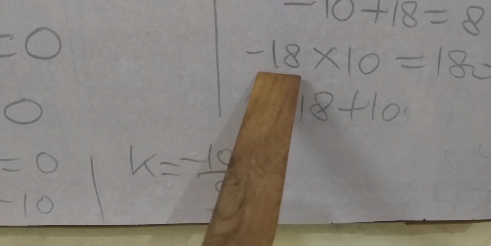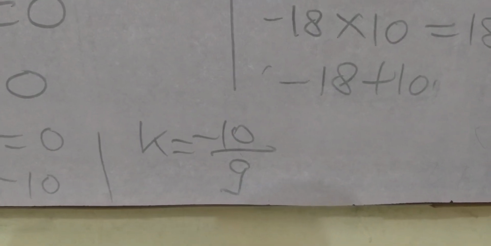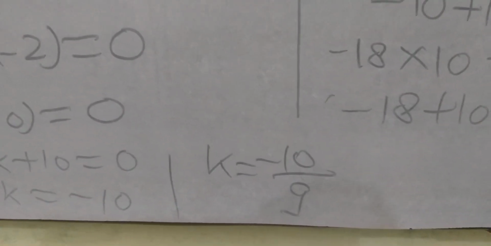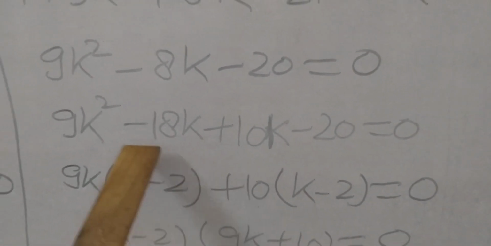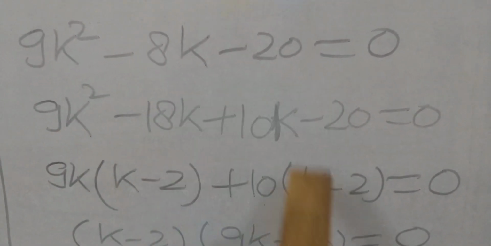So we can take 18 minus, −18 into 10. If we take −18 into 10, it gives us what? −8. So the correct factors are −18 and 10. K is there, we have to put k also. So −18k + 10k gives us −8k, −20 equals 0.